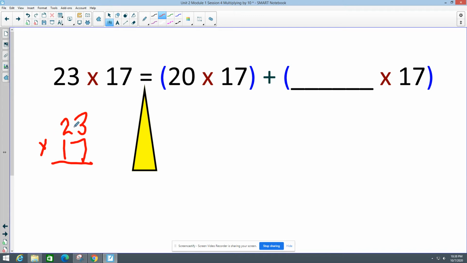What would you break this one into, and see if you could fill in this part right here? You don't have to answer it. You just want to find this missing part right here. I'm going to give you a couple seconds to work on that, and then you can pause the video and just come back when you're all set and see if you get it right.